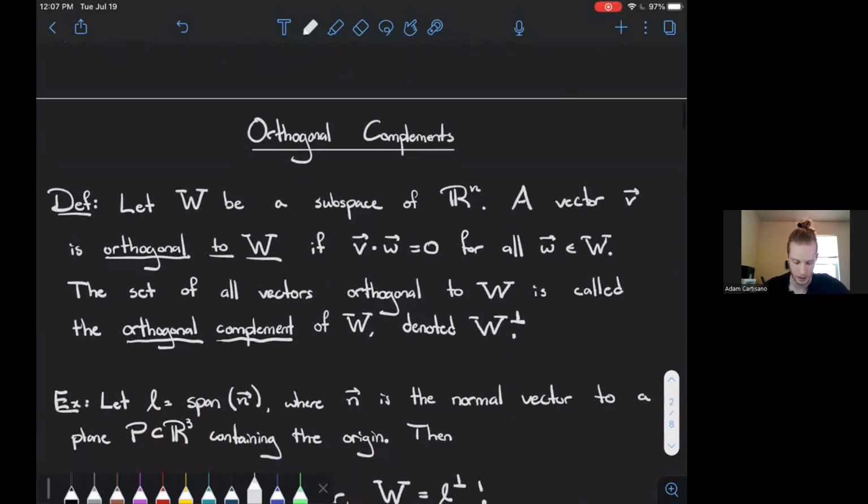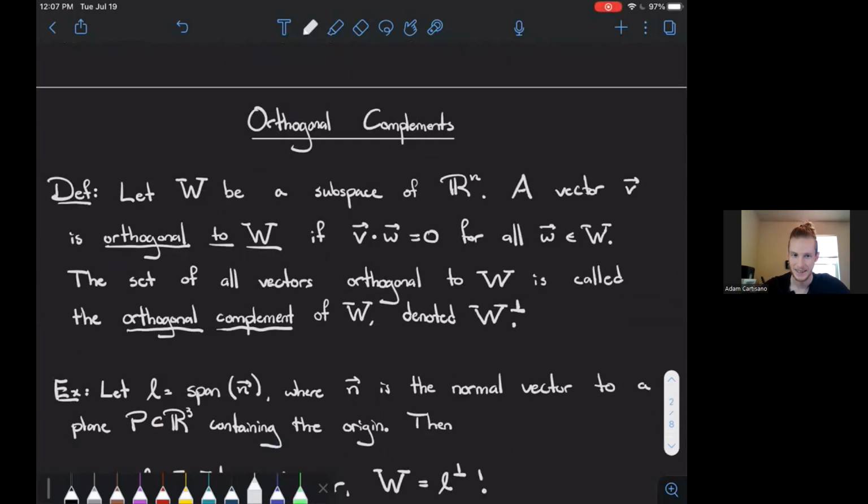Okay, here's the actual definition. Let W be some subspace of Rn, a plane in R3 or a three-dimensional linear space inside of R12, just some subspace. A vector v is orthogonal to the subspace W if v dot w is 0 for every single w in that subspace.